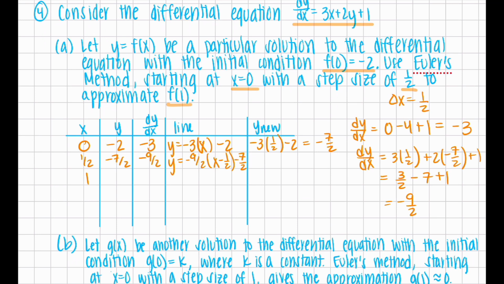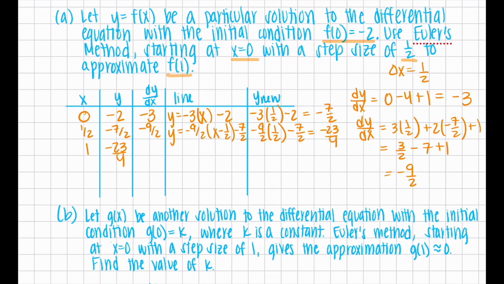Plug in 1 to get our approximation. 1 minus 1/2 is 1/2. And when we simplify this, we get negative 23/4. So we would say, this is our answer. We're going to say f of 1 is approximately negative 23/4.